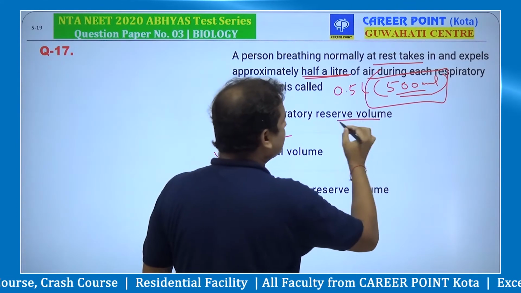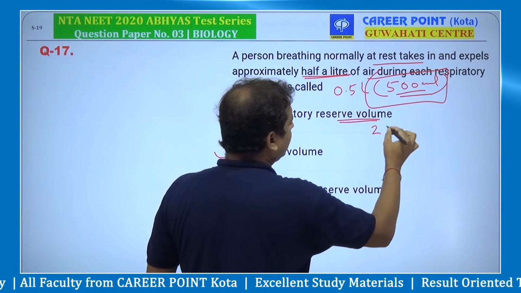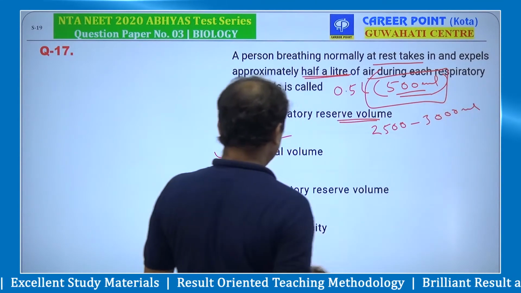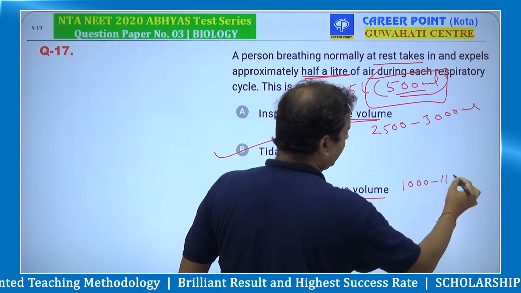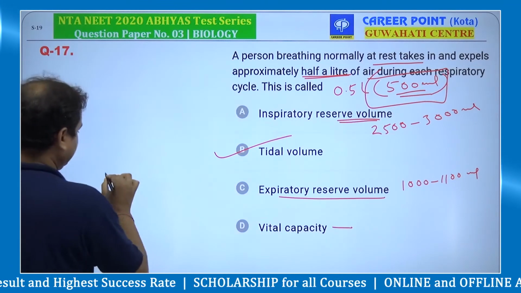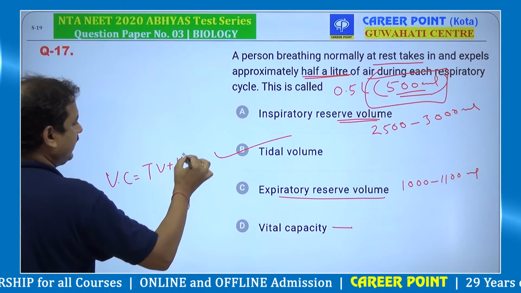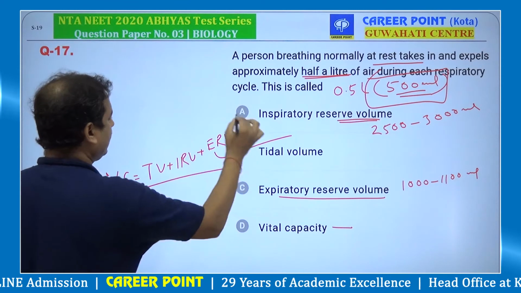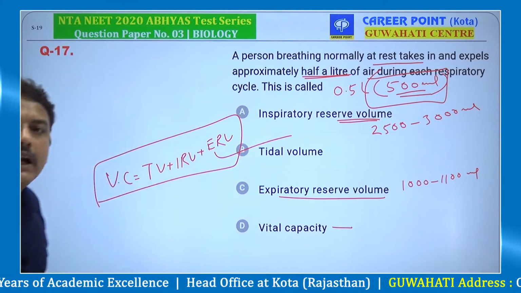Inspiratory reserve volume, the IRV value, is 2500 to 3000 ml. Expiratory reserve volume is 1000 to 1100 ml. And vital capacity, please remember, is tidal volume plus inspiratory reserve volume plus ERV. Clear? So here the answer is B, tidal volume.